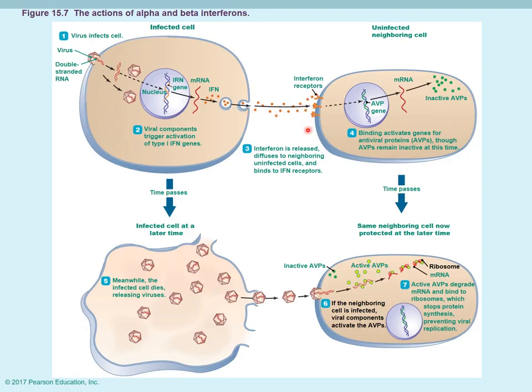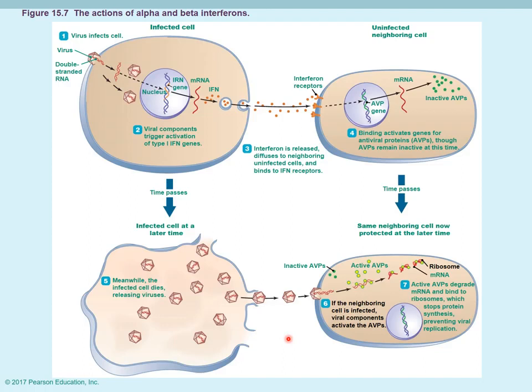These can go to an adjacent cell that has not been affected by the virus yet, and bind to certain receptors. Eventually, when that virus tries to infect it, it's recognized, so other viral particles will not infect it. However, the cell is going to eventually die, and ideally it will die before it can release new viruses.